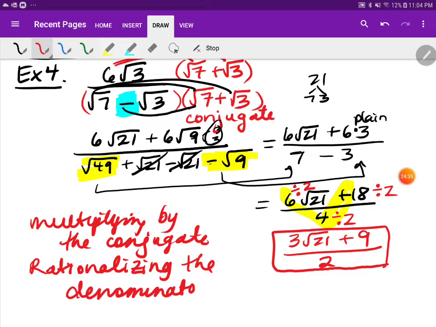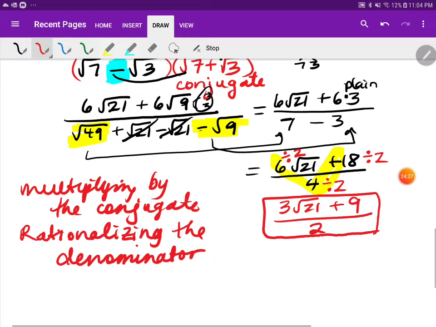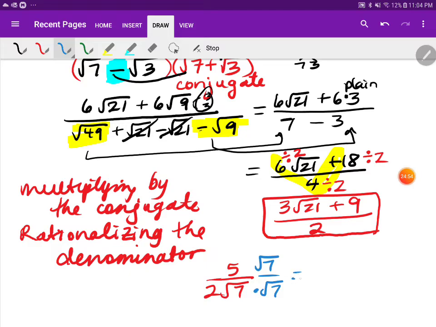But there are 2 types of problem where you rationalize the denominator. One is you just have 5 over radical 7. No plus or minus. Those are nicer. Or if you have a 2, but there's no plus or minus, multiply top by radical 7, bottom by radical 7. That's it. It's very friendly.